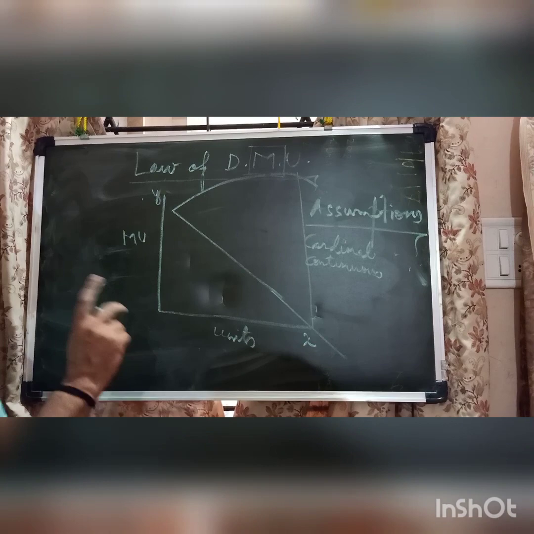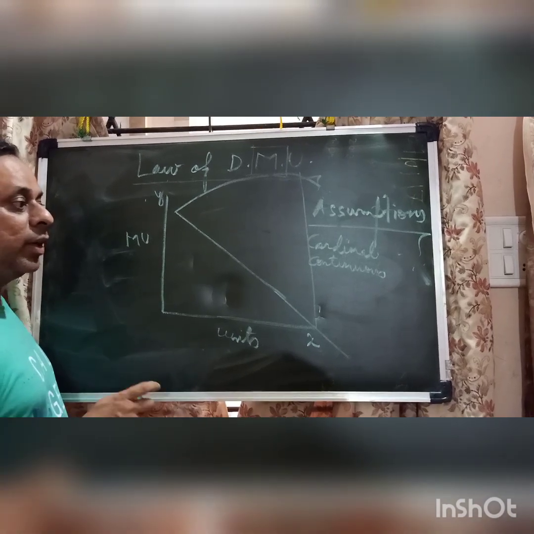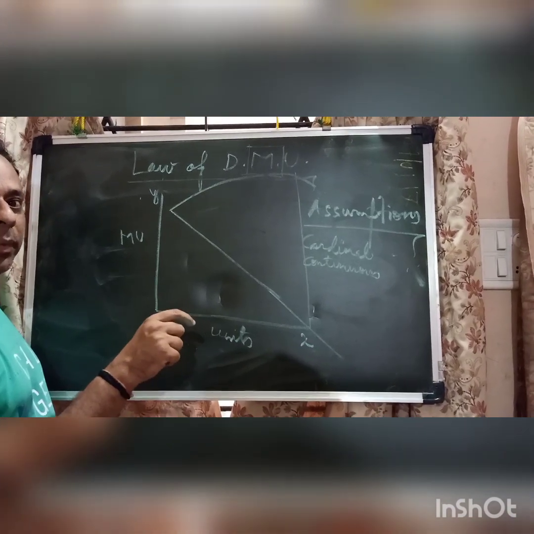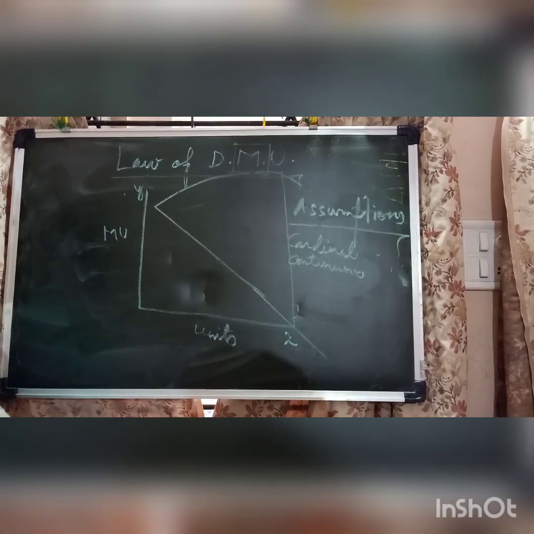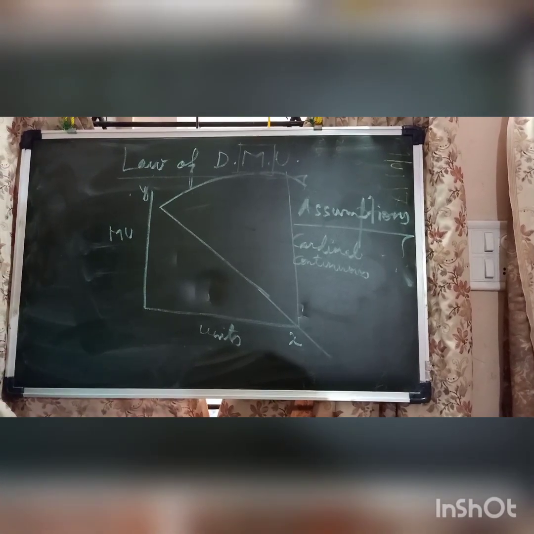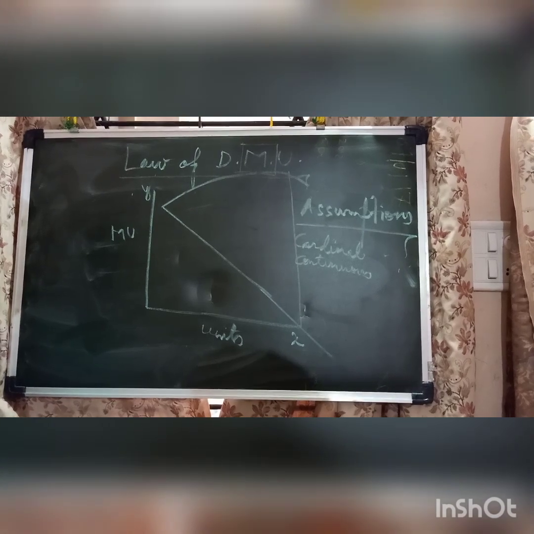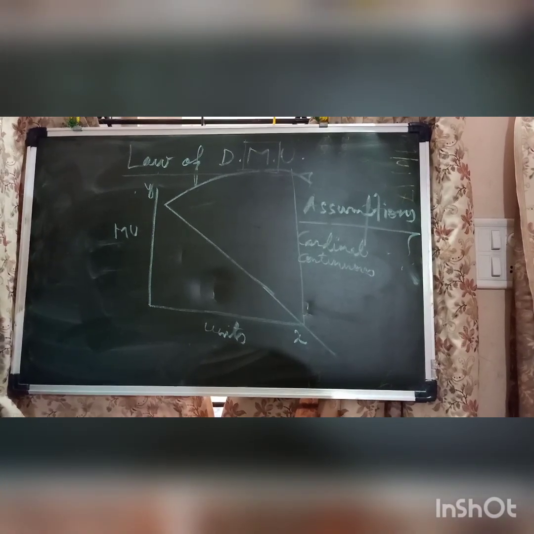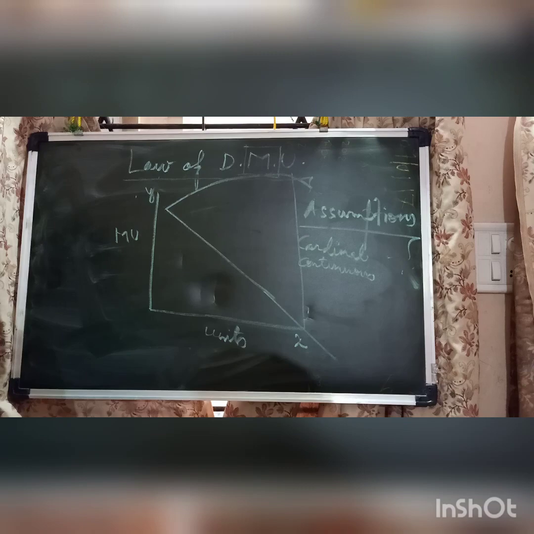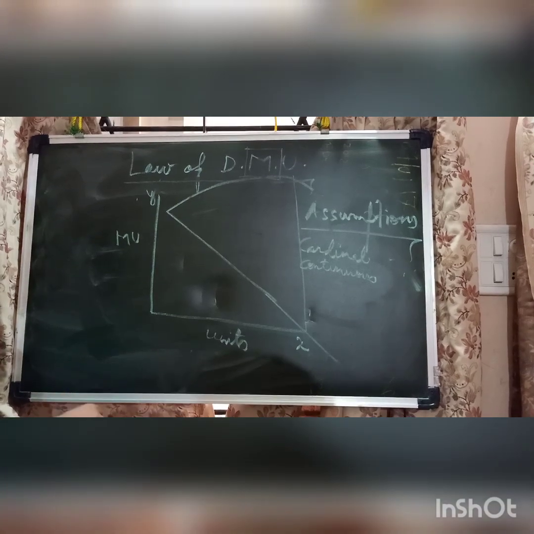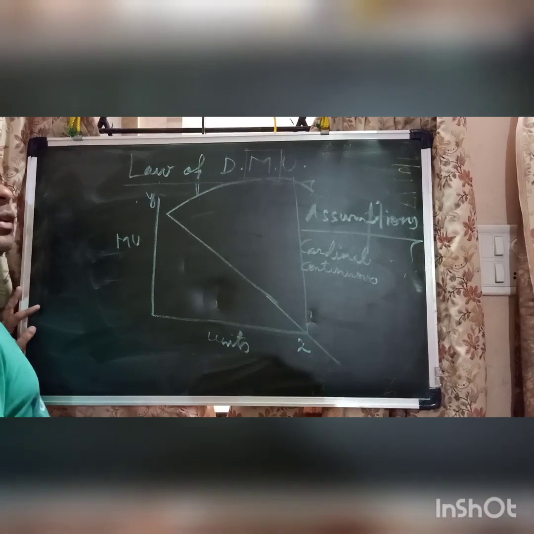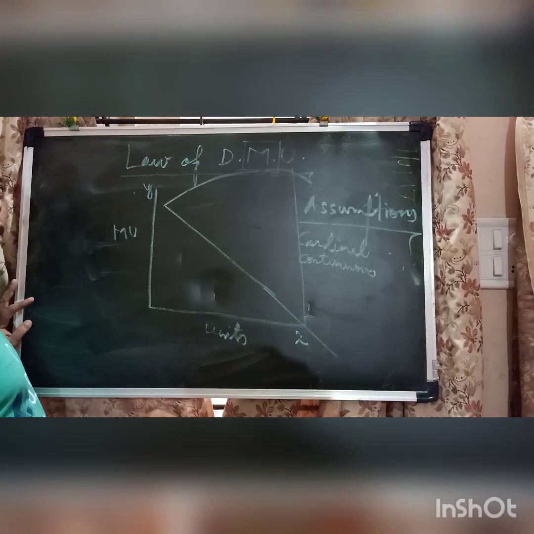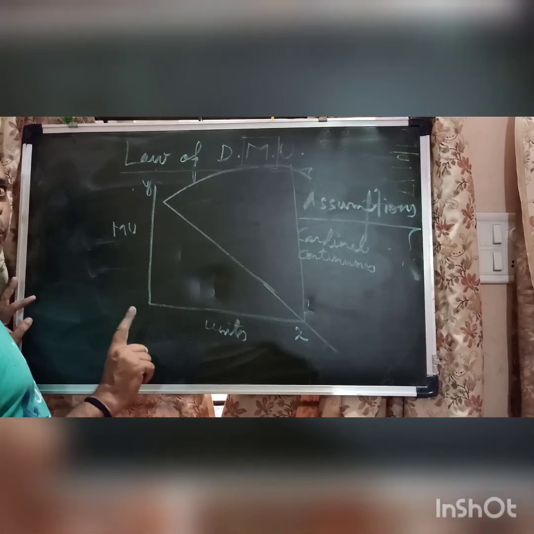It means if I have the desire of 3 ice creams, then the same quality ice creams I am taking, then only I can assess my level of satisfaction. Then utilities must be independent. Independent means on the basis of utility we spend our money, not vice versa. So these are the assumptions of law of DMU.